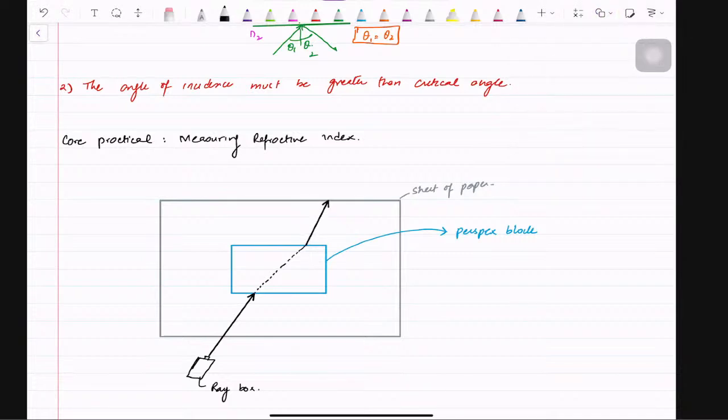You'll see that. Then you need to draw a perpendicular line like this. Perpendicular line drawn using a pencil. That's what you're gonna do.